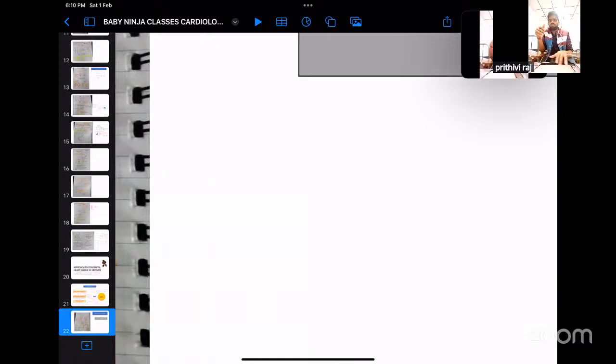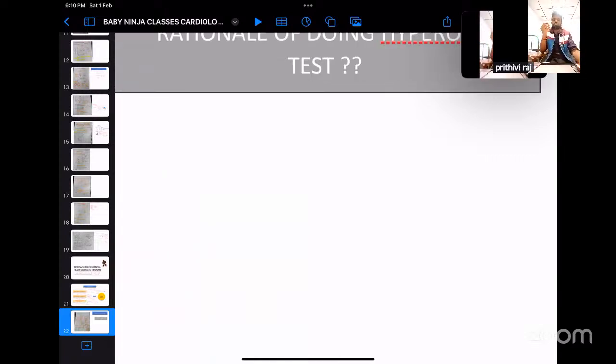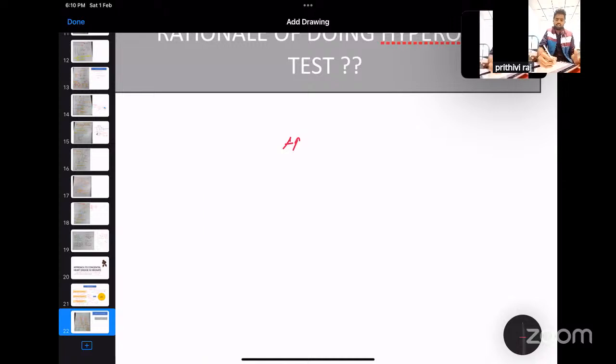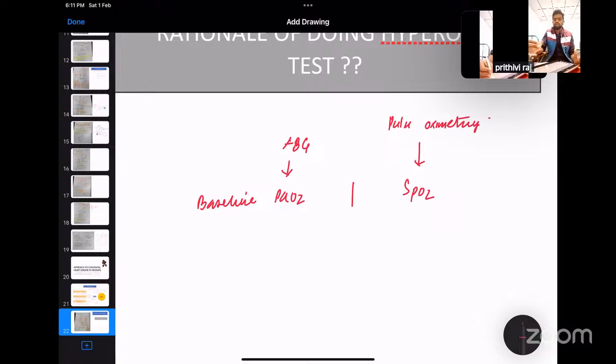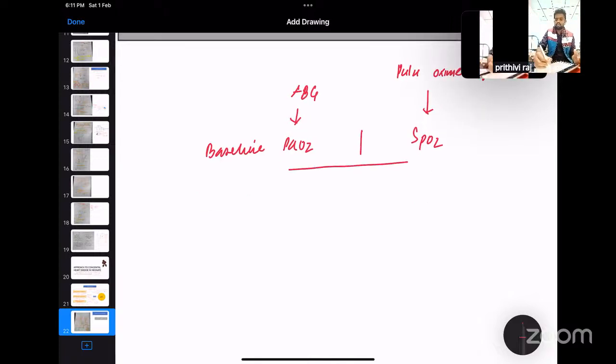So prior to giving oxygen to the child, you do an ABG of the child to know the baseline PaO2, and also the SpO2 by your pulse oximetry. Now you get some value, right?